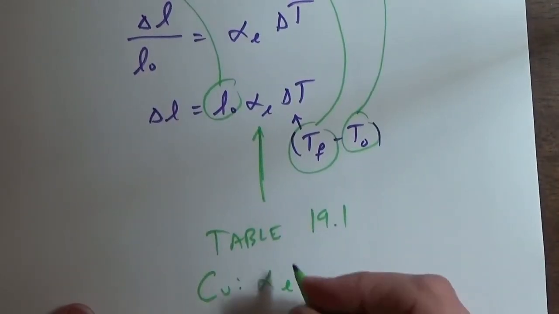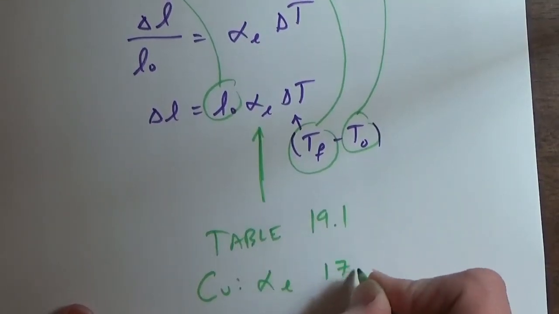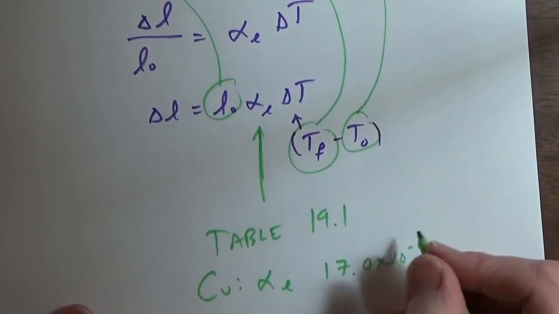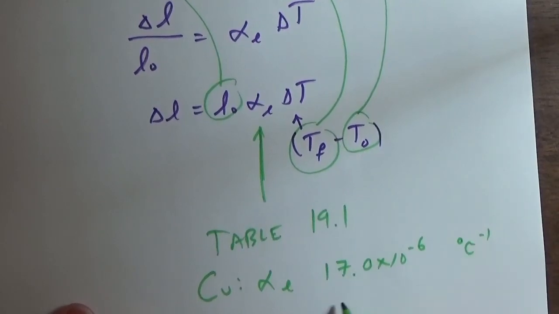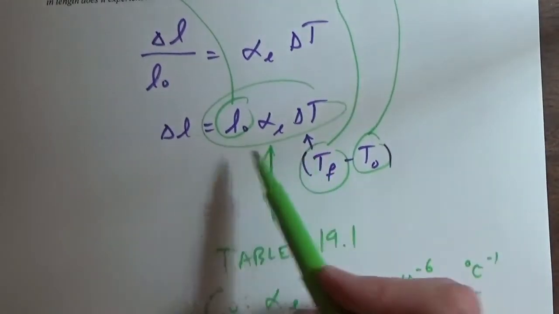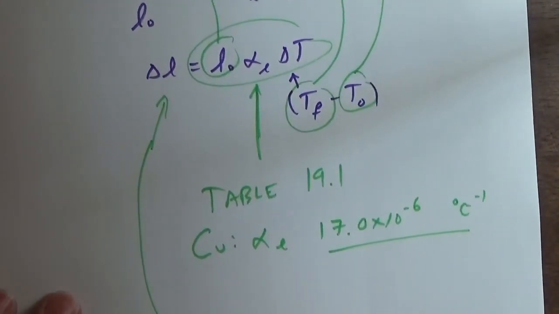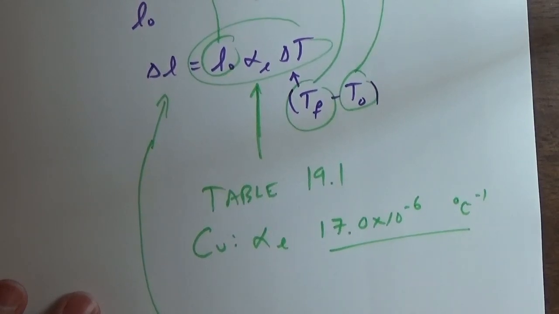For copper, alpha L is equal to 17.0 times 10 to the minus 6 inverse degrees Celsius. So we've got all of this, therefore we can find delta L is minus 12.5 millimeter.